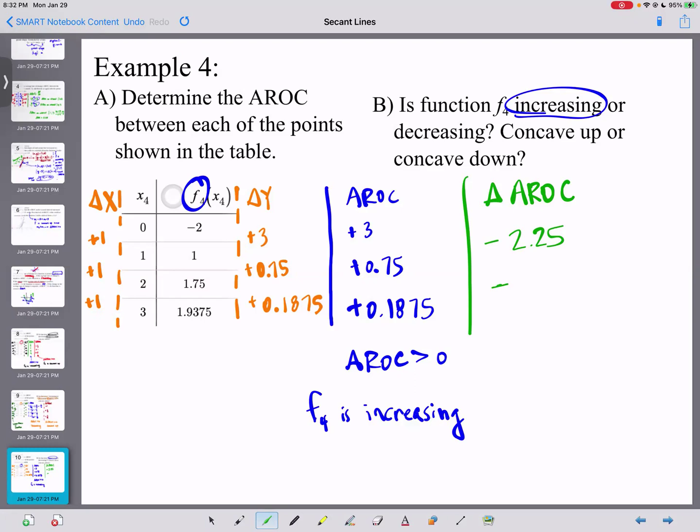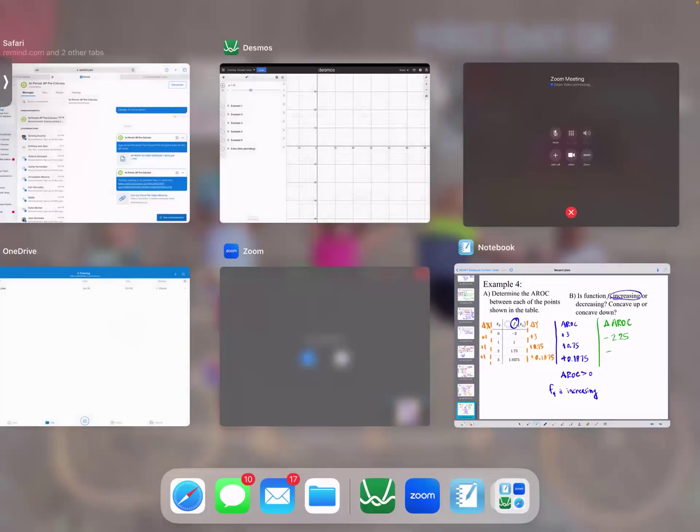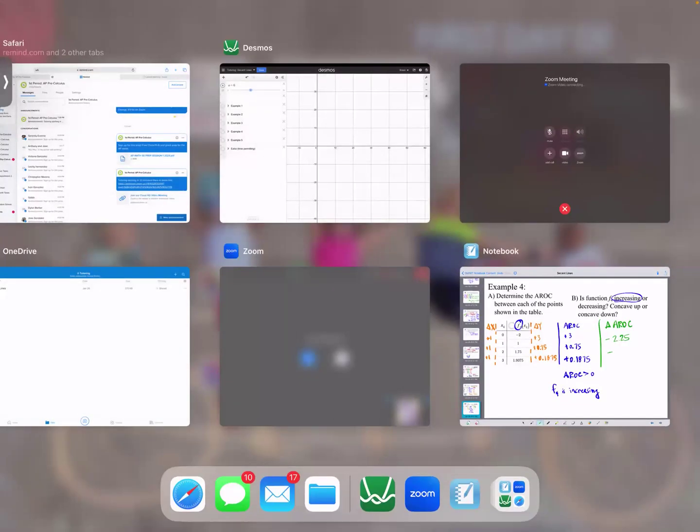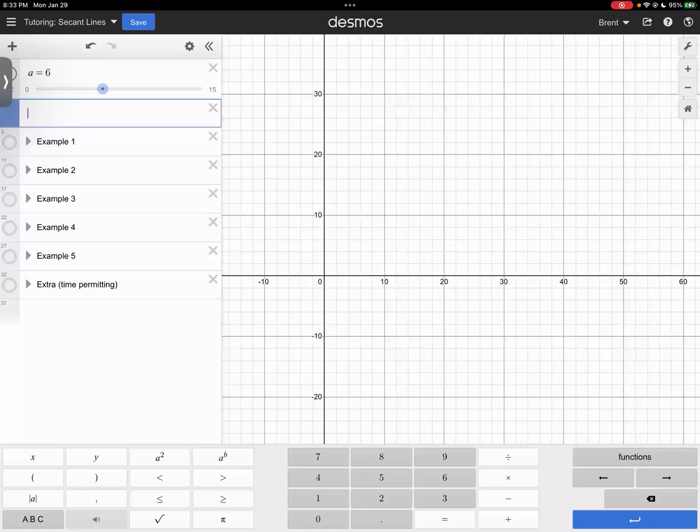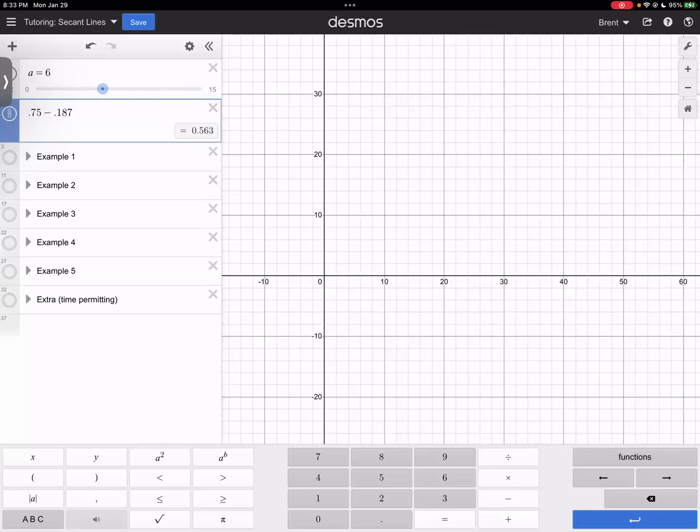Oh no, here we go. I need a calculator here. I don't know if this app has one. Most do though. 0.75 minus 0.1875, 0.5625.